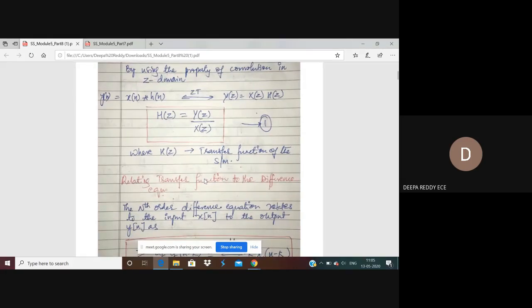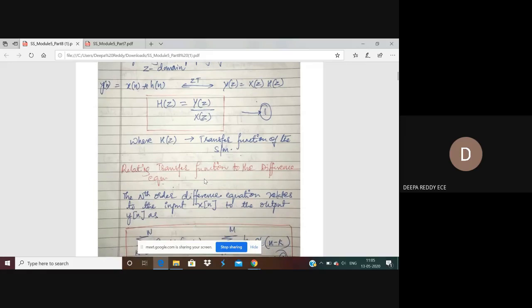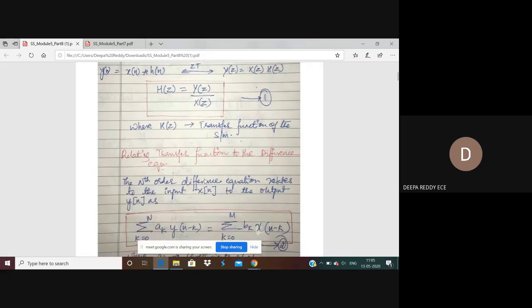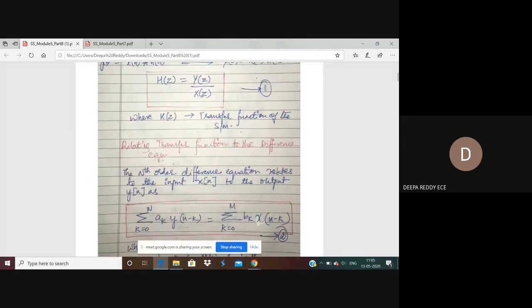The next thing is relating the transfer function to the difference equation. Whenever we are talking about discrete time signals, we talk about difference equations, whereas when we are talking about continuous time, we come up with differential equations. Since in the Z transform we are working on discrete time signals, we will work with the difference equation.